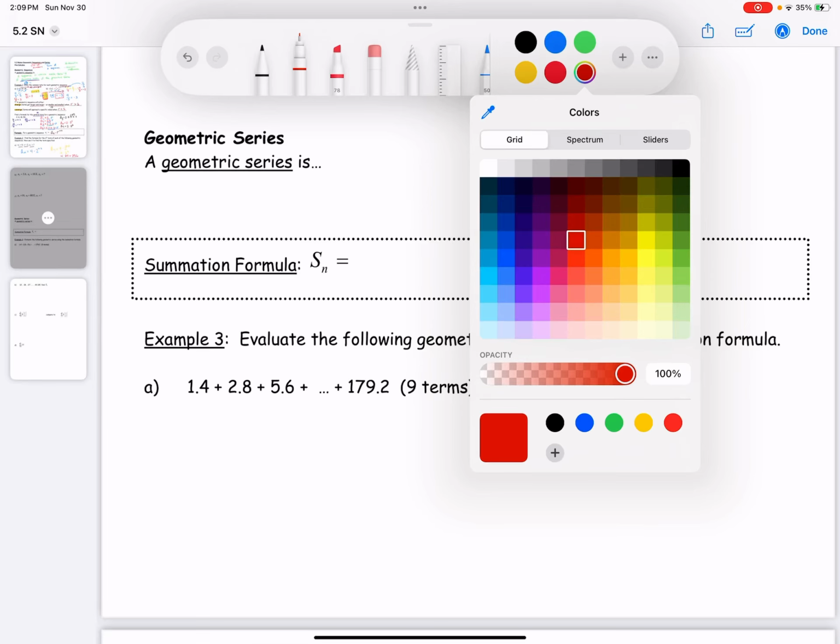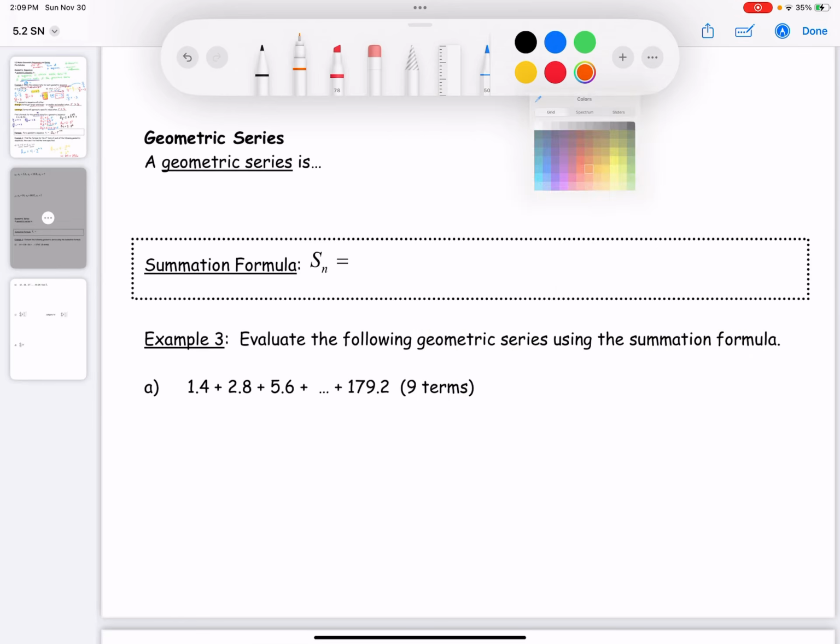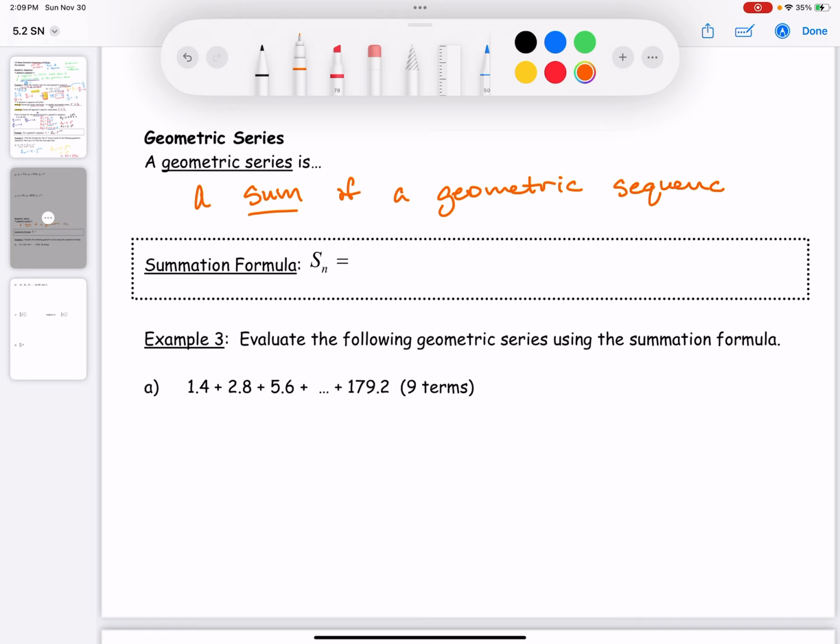All right, guys. So like we were saying earlier, a geometric series is a sum of a geometric sequence. So a series is when you add all the terms together. And we have a formula for this.